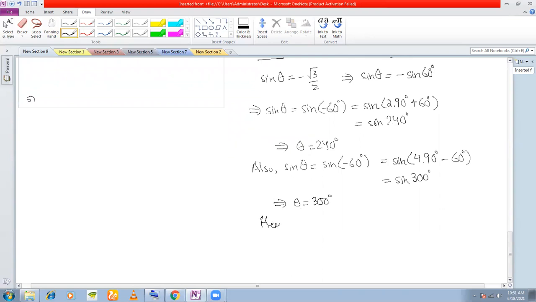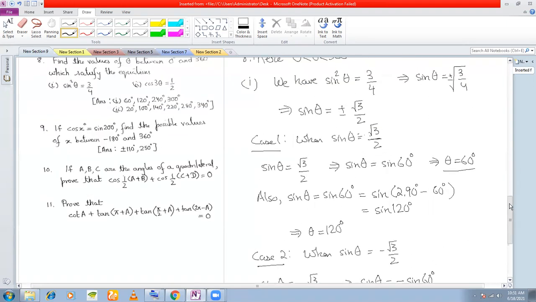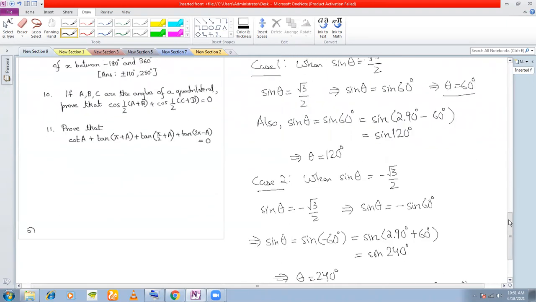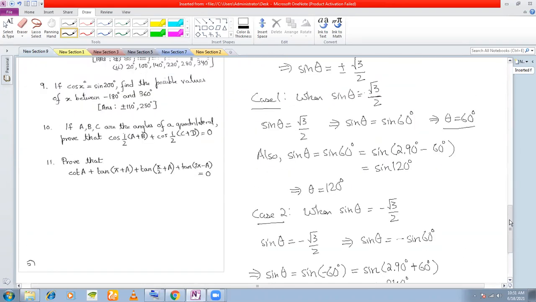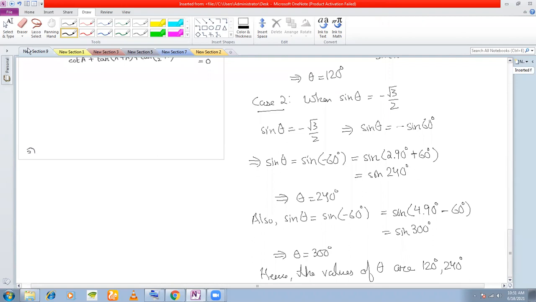Hence, the values of theta are, what are the values? Case 1, I got two values, 60 and 120.